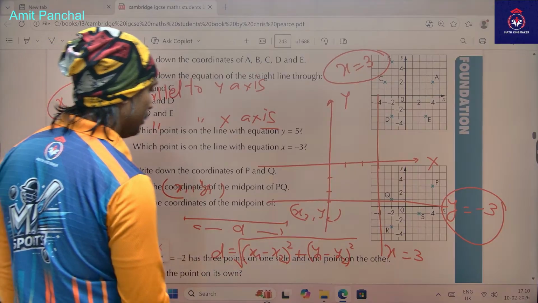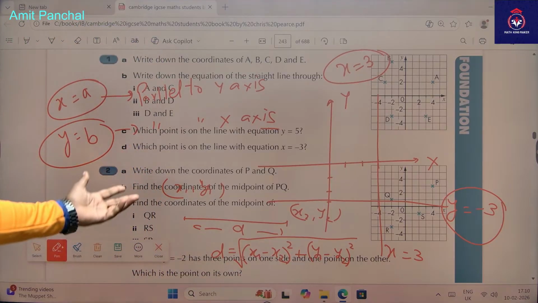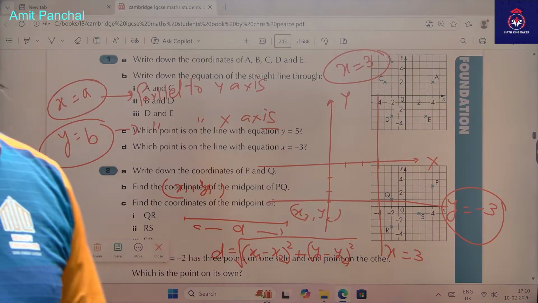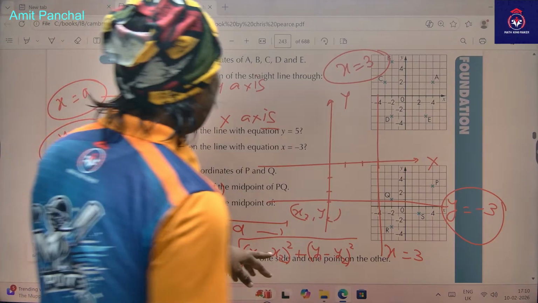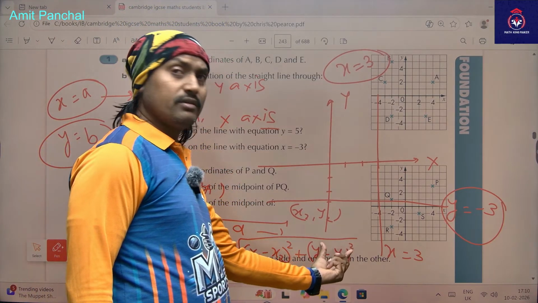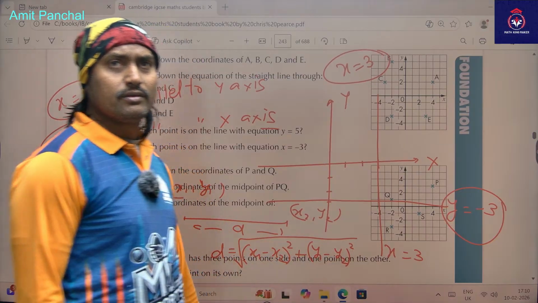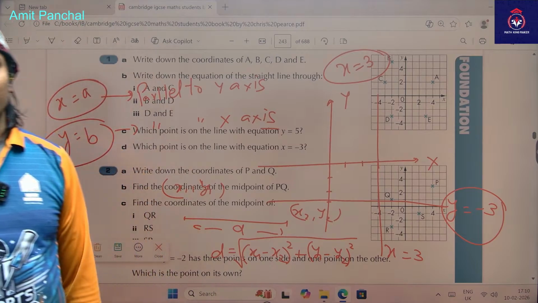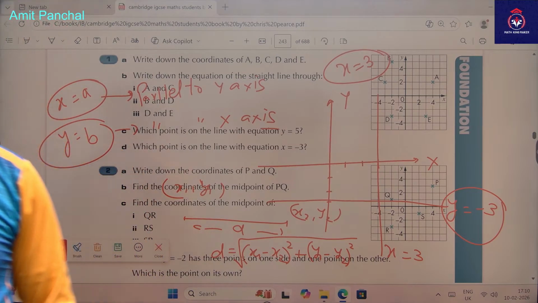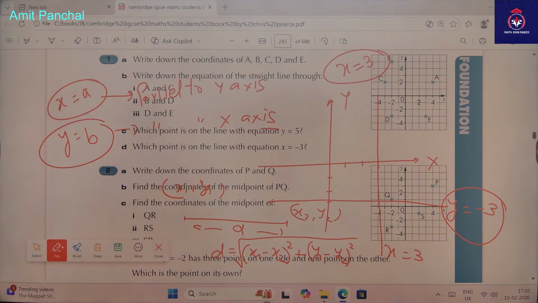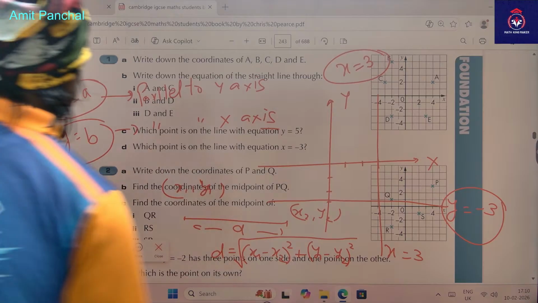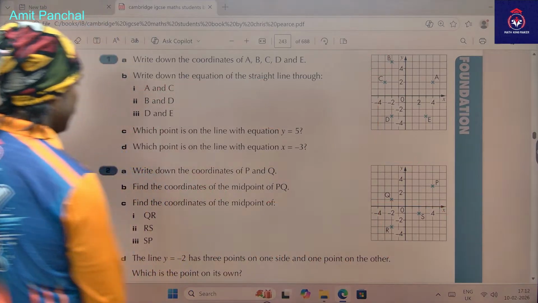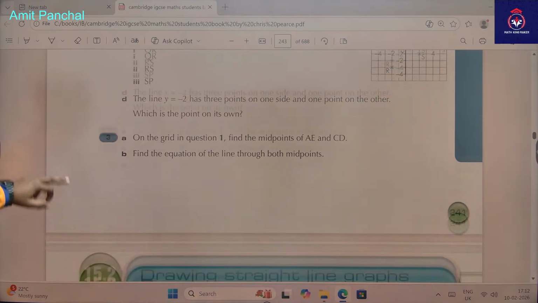Minus y2 or y2 minus y1? Either you do y2 minus y1 or you do y1 minus y2, because it is a square, it doesn't have any effect. Okay, because it's a complete square. So if you do y1 minus y2 or you do y2 minus y1, it doesn't make any difference. Yes, sir. So this was the distance formula.